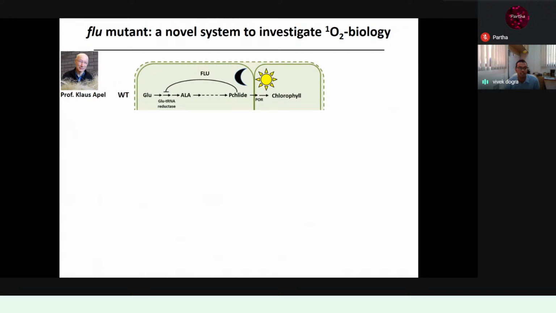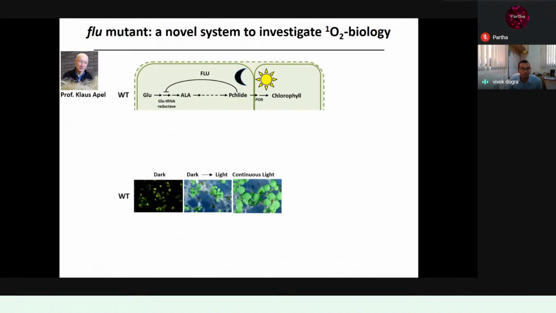That's why the plant made a system to switch off the first enzyme of this reaction by a protein, and this protein was named FLU because of its phenotype. Now this is one example. The wild type plant, if it is grown in the dark, then when we switch on the light, it grows normally.